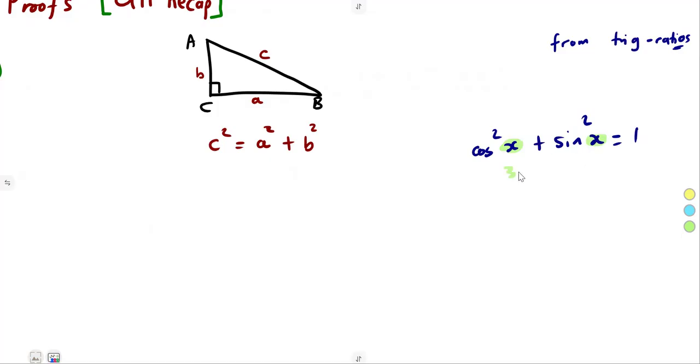If this is 30 degrees, this must also be 30 degrees. So in our case, we're just going to choose one of the angles, A or B. Let's say we choose to work with angle B.